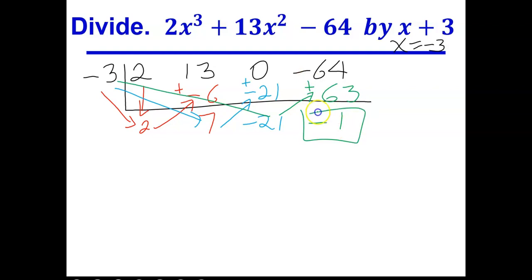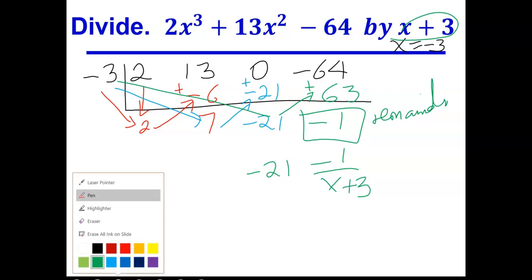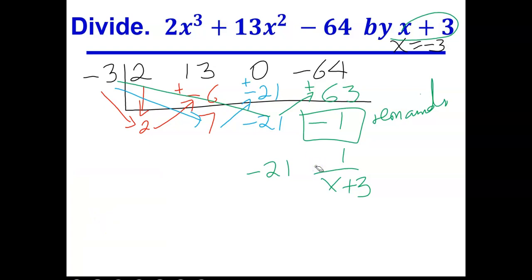So again, this is the remainder. The remainder is negative 1 over our divisor, and our constant term is negative 1.